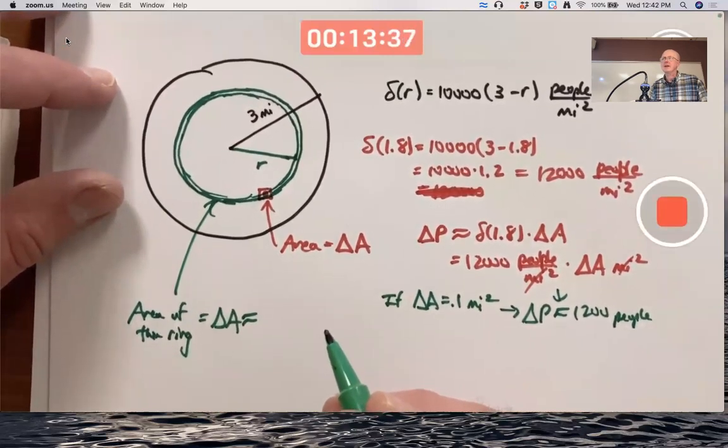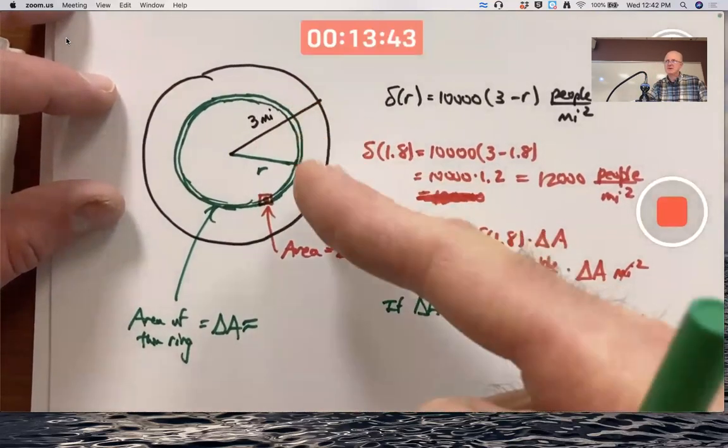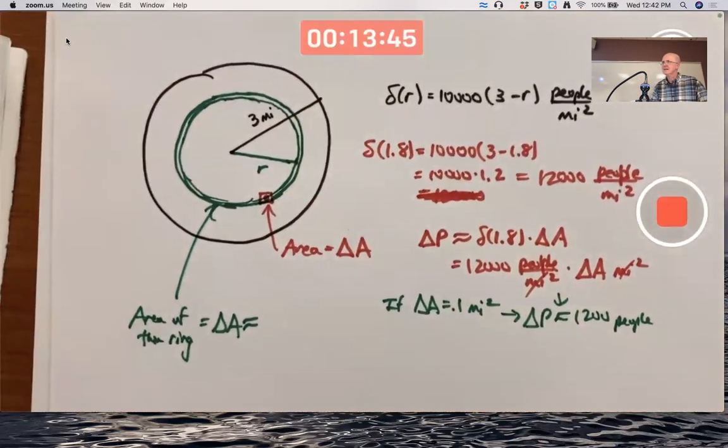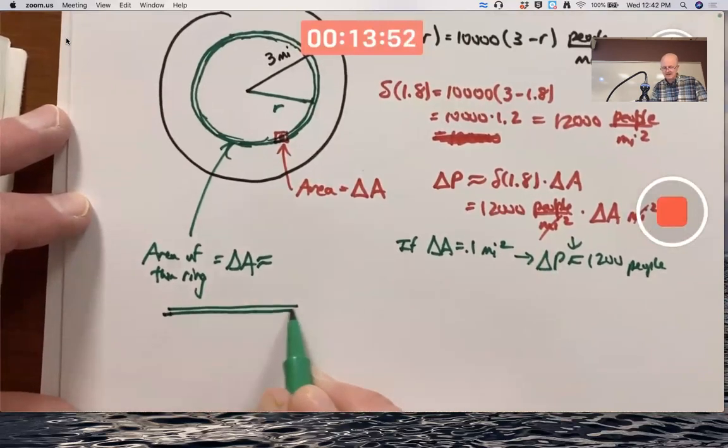We talked about this already. Get your scissors out. Cut the circle, unroll it. So it looks like a long and thin rectangle. It's not a rectangle, it's technically a trapezoid.